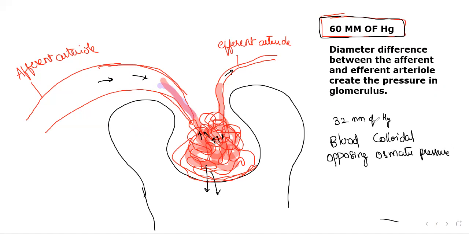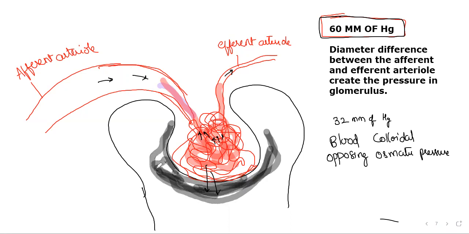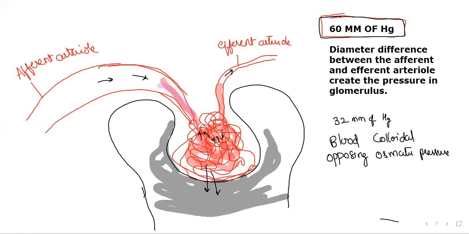And next one more, that is the fluid. Here some fluid is present. It is not an empty vessel. Bowman's capsule is not an empty vessel. Definitely there is fluid there. So don't they oppose? Yes, definitely they also oppose when you are pushing the blood down. So that means Bowman's capsular opposing osmotic pressure is 18 mm of Hg.